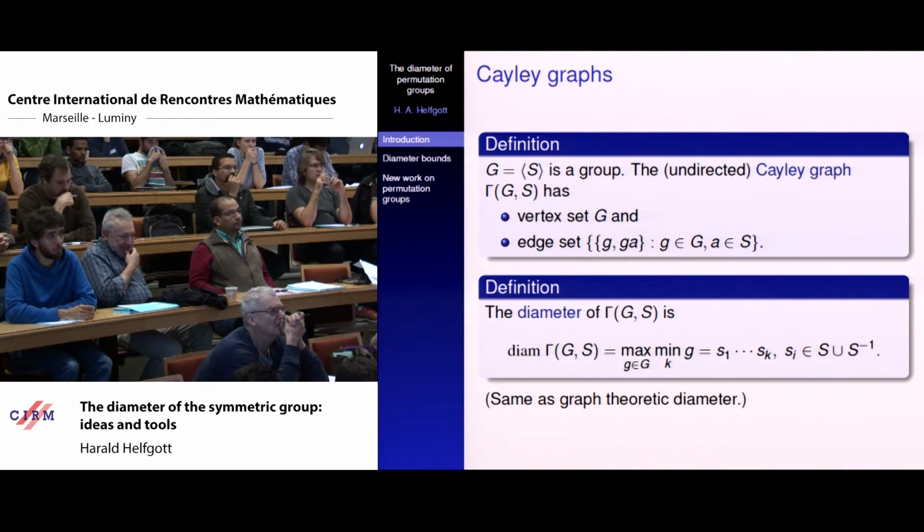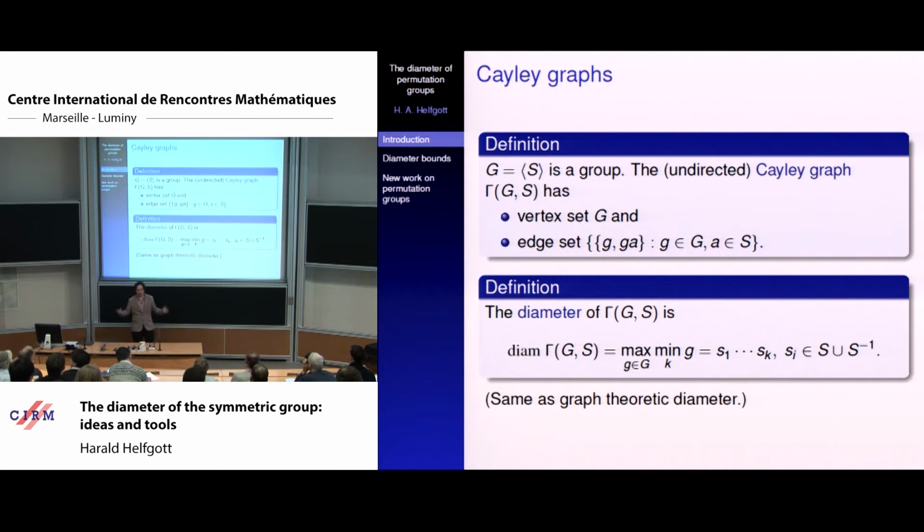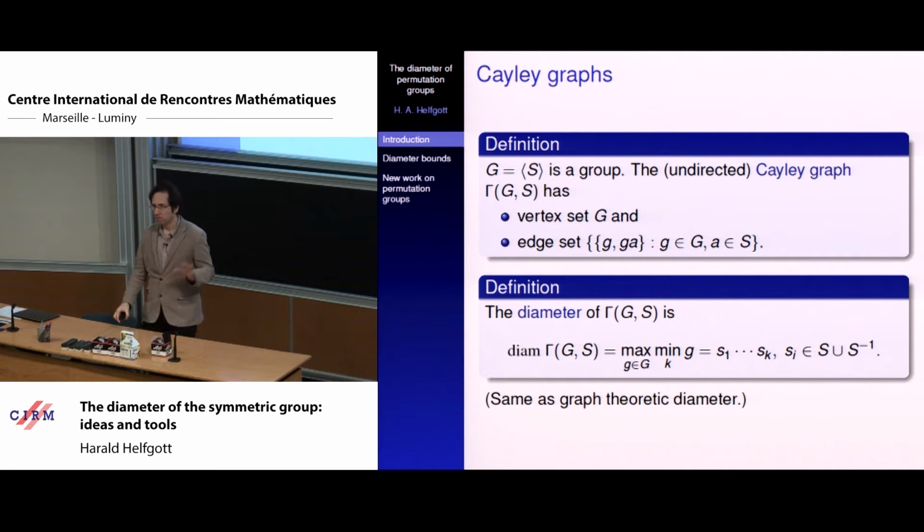Now, the diameter of a graph, in general, is the longest shortest distance. I'm giving right now verbally a definition that turns out to be equivalent, but not the same as the one there. So I'm reminding you of the definition of the diameter of a graph in general.